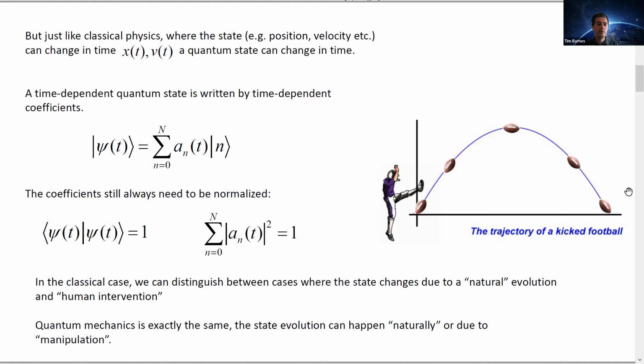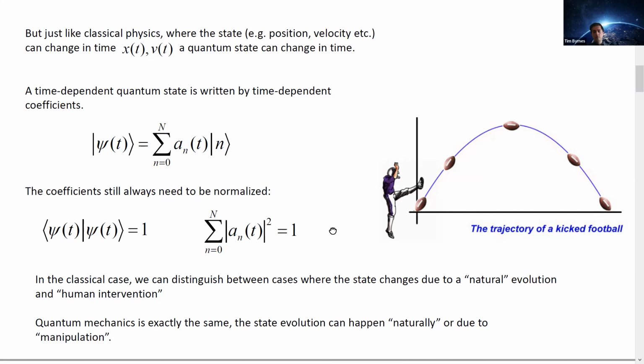The state can be time evolving because it's naturally doing that, or you can make the state evolve directly by doing certain things to some quantum systems. So there's no difference in terms of the origins of why things are time evolving. It can come from natural or human means. Okay. All right. So that's how we take into account this time evolution.